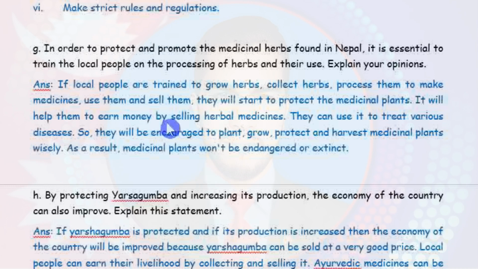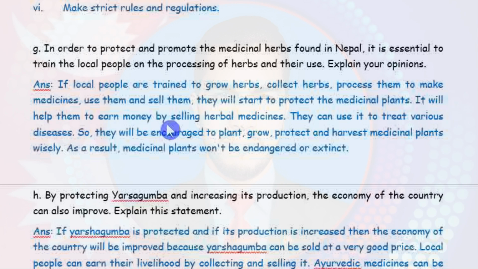Number 7, in order to protect and promote the medicinal herbs found in Nepal, it is essential to train the local people on the processing of herbs and their use. Explain your opinion. Answer: if local people are trained to grow herbs, collect herbs, process them to make medicines, use them and sell them, they will start to protect the medicinal plants.